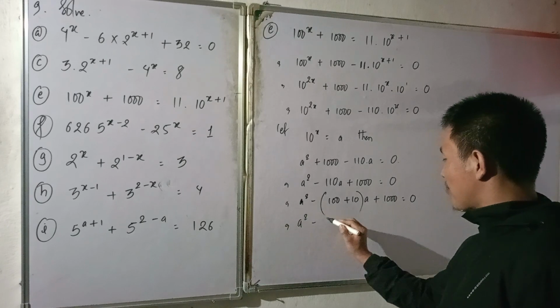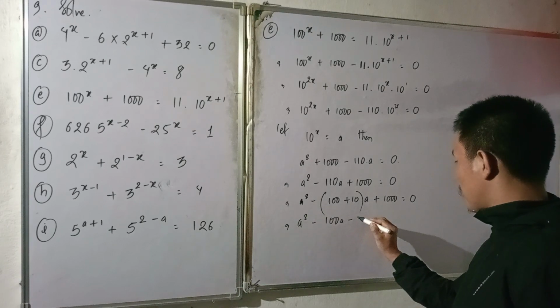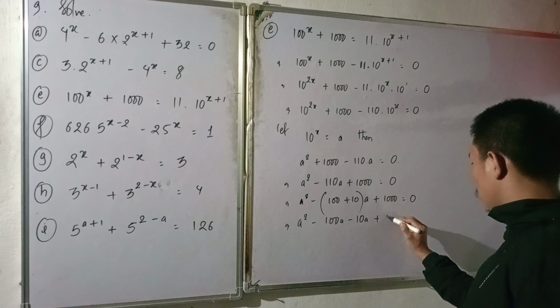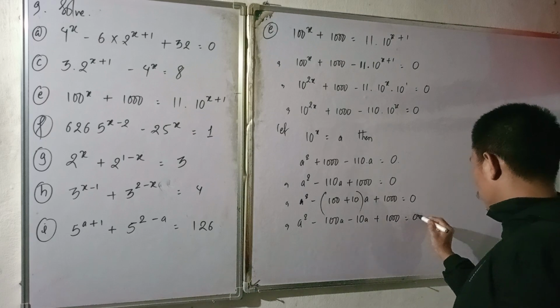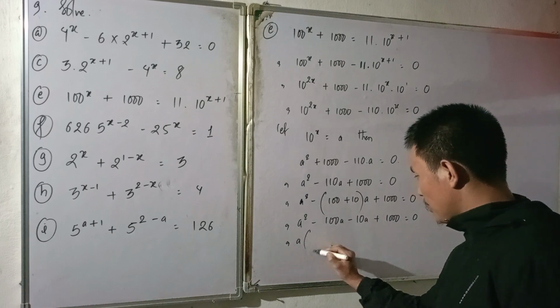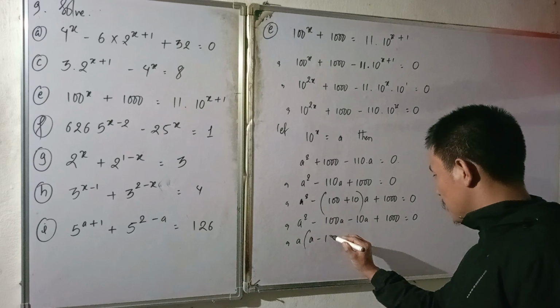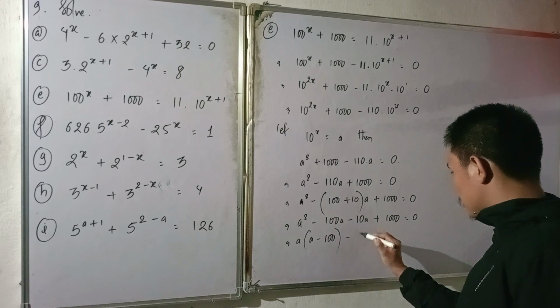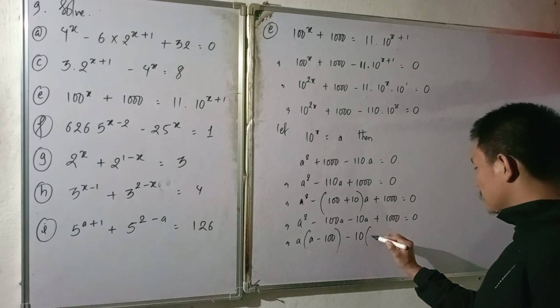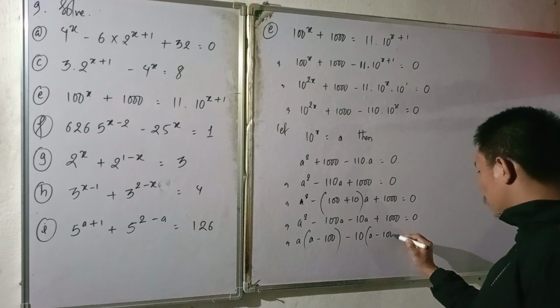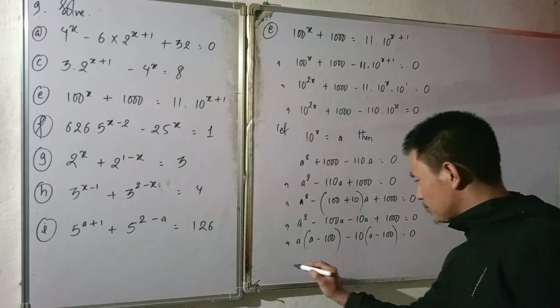Now a square minus 100a minus 10a plus 1000 equals to 0. Now a minus 100, so just take here negative 10, a minus 100 equals to 0.